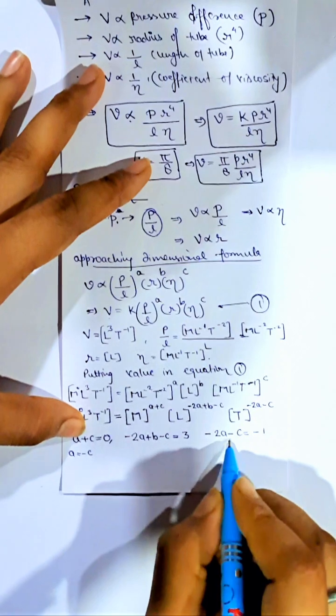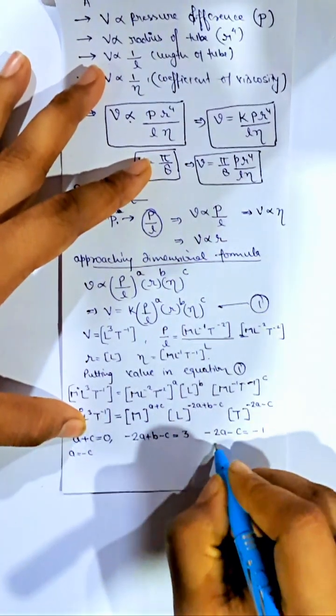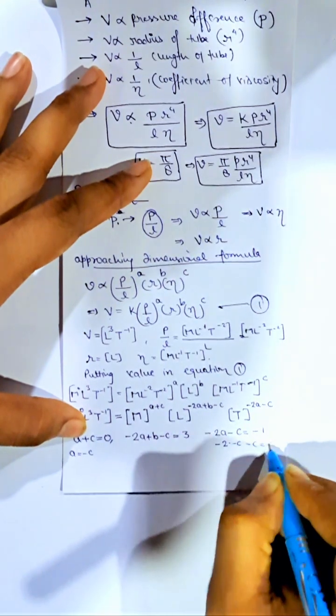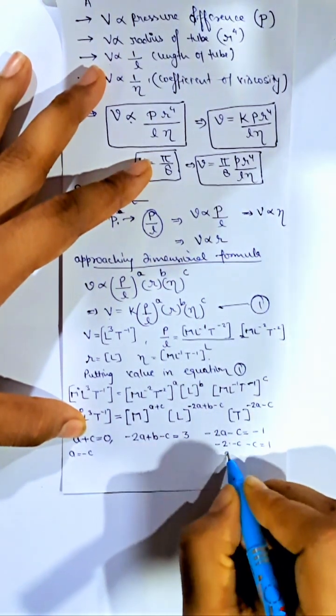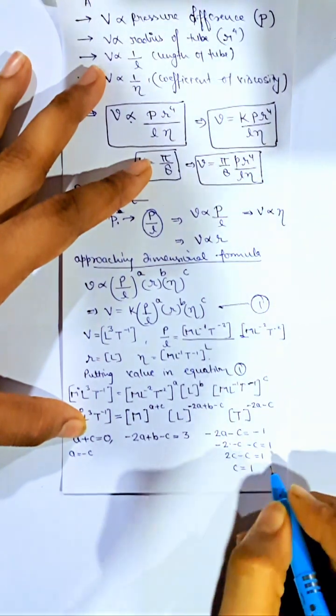Putting this value here, we get minus 2 into minus c is equal to 1. So this is 2c minus c is equal to 1. So c is equal to 1.